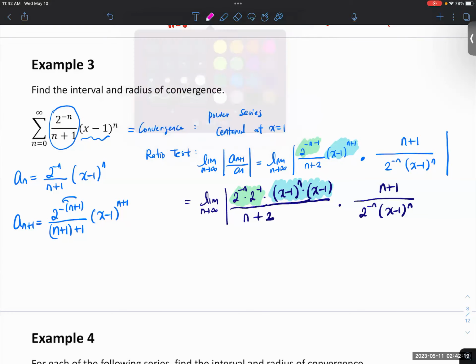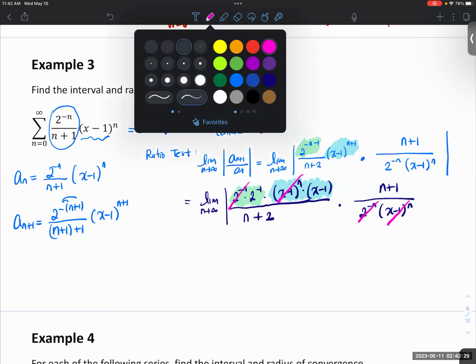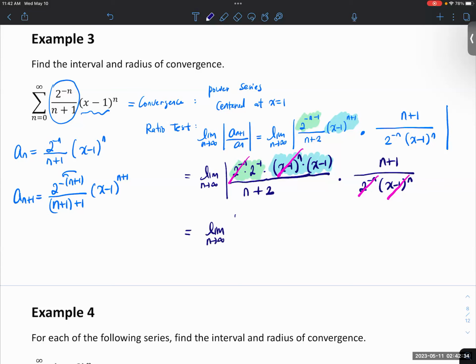All right, where's the cancellation? 2 to the negative n and (x minus 1) to the n. That's all we cancel. Let me write down the remaining stuff. The limit of 2 to the negative 1, (x minus 1), and n plus 1 in the numerator over n plus 2.